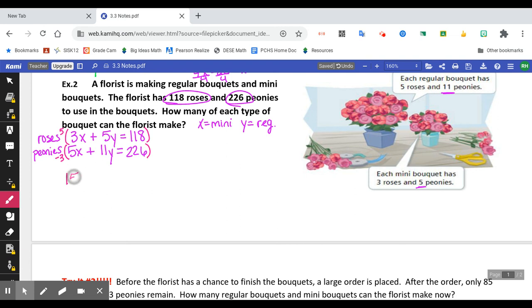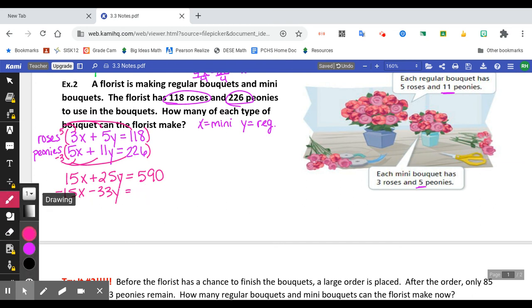Okay, so let's get to multiplying. We have 15x, I'm starting on the top, 5 through all of these, plus 25y equals 590. My bottom one all the way through gives me negative 15x minus 33y equals 678.